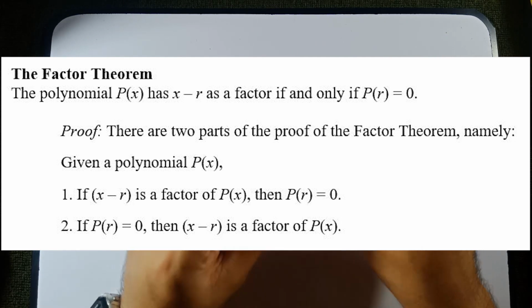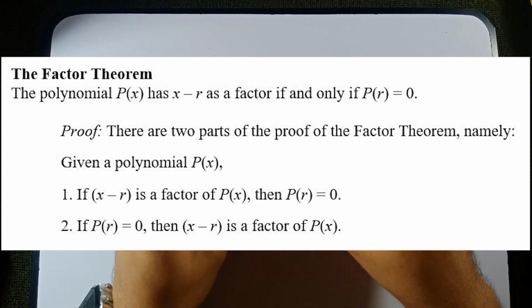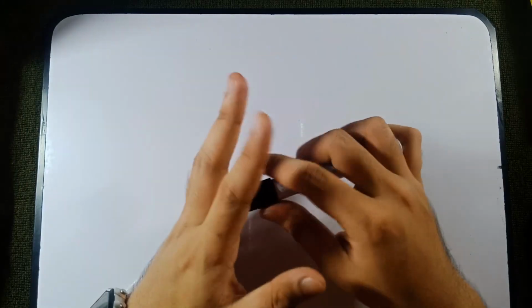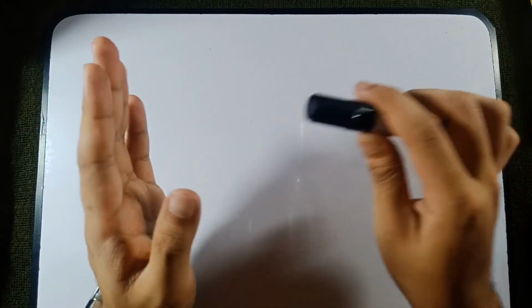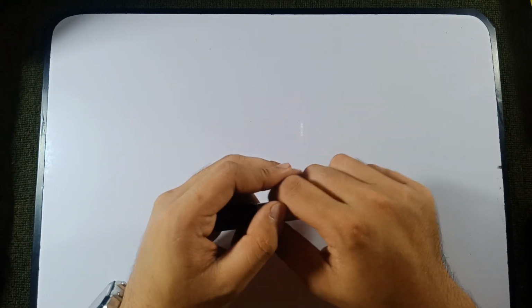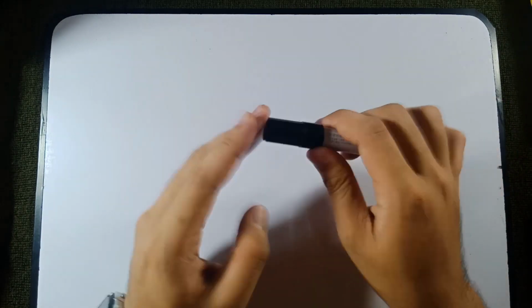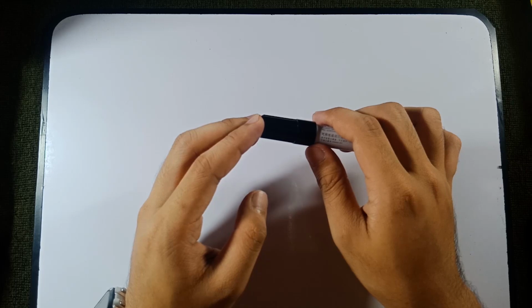So, yung dalawang proof na to, parang pinagbaligtad lang, ano? Which is the statement of our factor theorem. So again, anong sabi dyan sa factor theorem? Sabi dyan, kung yung given polynomial daw ay mayroong factor na x minus r, then yung remainder niya 0.